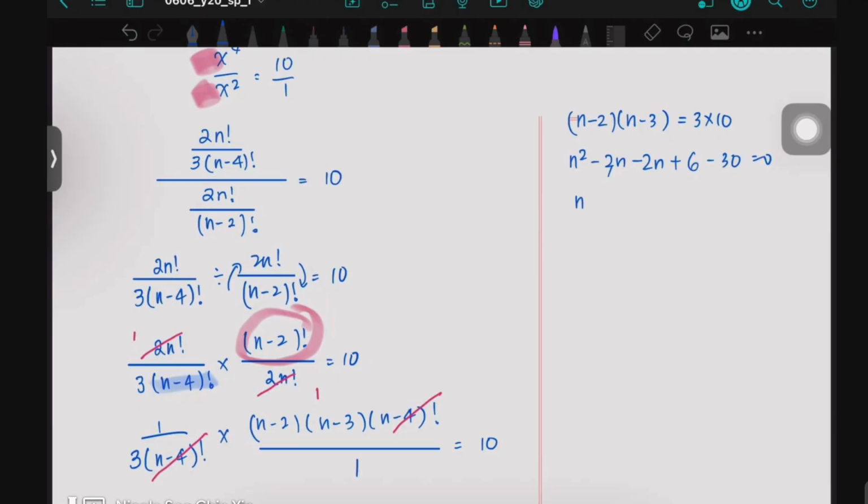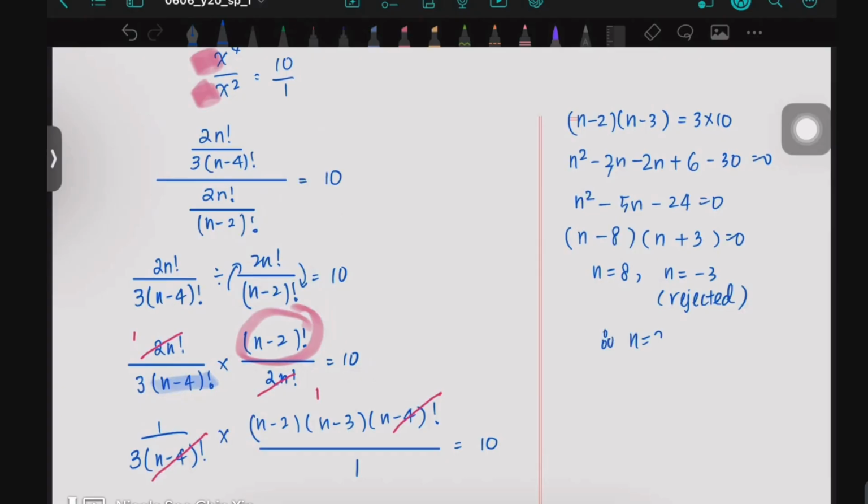So I will get n squared minus 5n minus 24 equals 0. So factorize it. n and n, 8 and 3, minus, positive. My n equals 8, n equals negative 3. So n cannot be negative, so we reject it. Therefore, n equals 8.